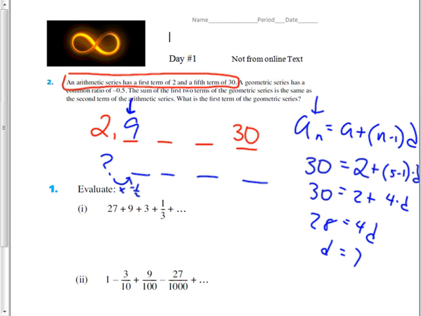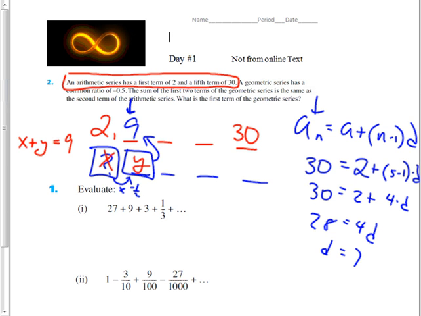The sum of the first two is the same as the second term of the arithmetic series. So you're saying this plus this is equal to 9. And those two things, which I might call x and y, x plus y is equal to 9.